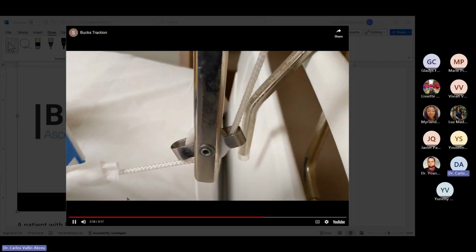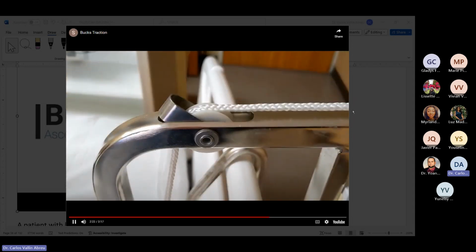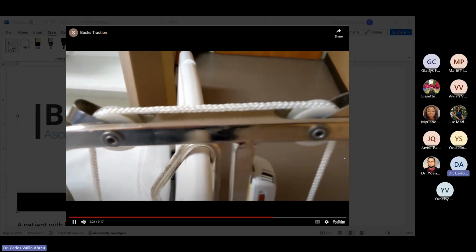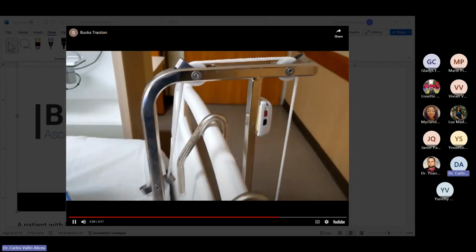Every shift you check for skin integrity, that the ropes and the pulleys are working freely, and that the weight is freely hanging there.